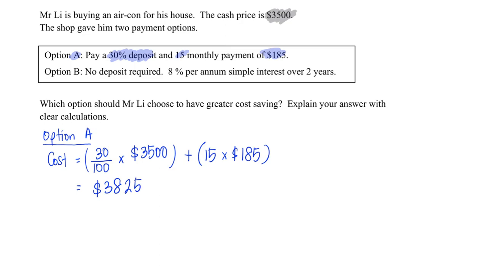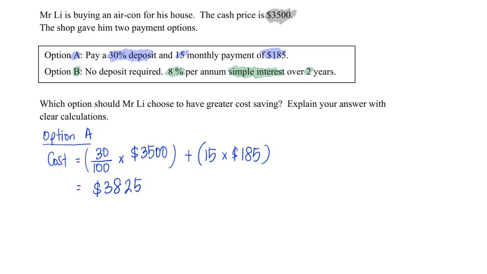As for option B, no deposit required, but he will have to pay an additional interest of 8%, simple interest, for 2 years.